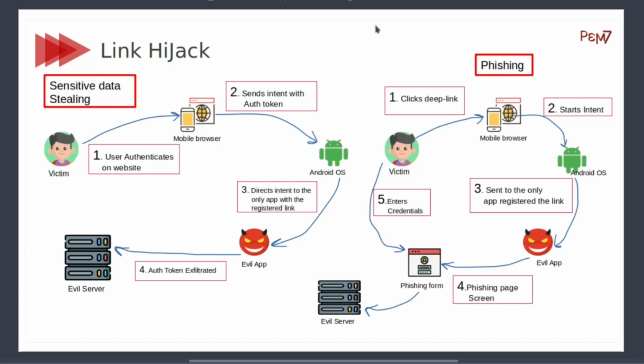The second image is about phishing. Phishing is where you are sent a malicious link by a hacker or an adversary. Once you click on that deep link, maybe you are in a browser and that phishing link is found in that browser, this mobile browser starts an intent.